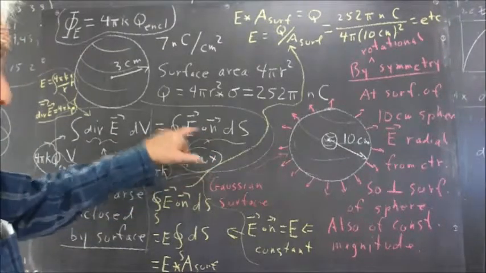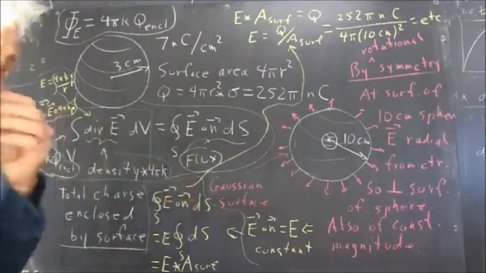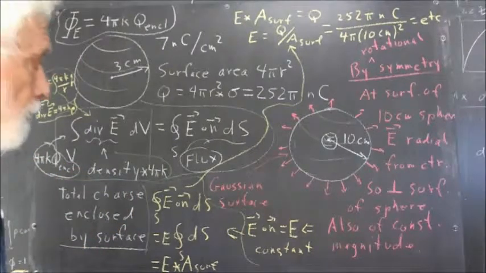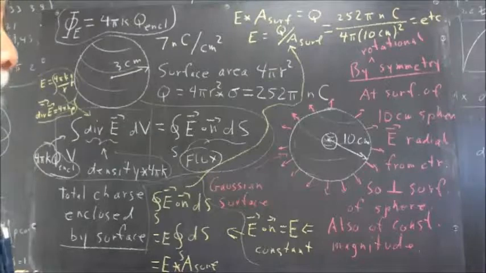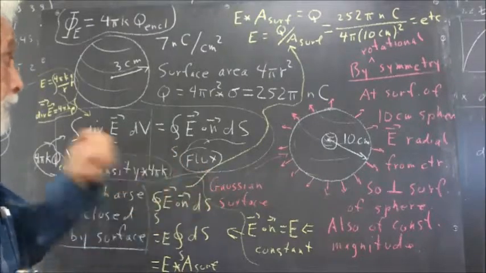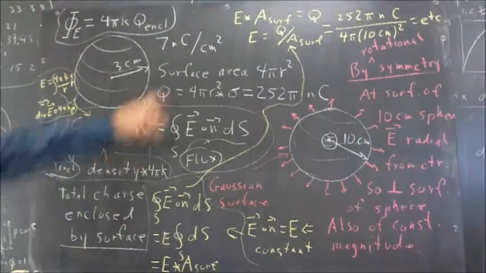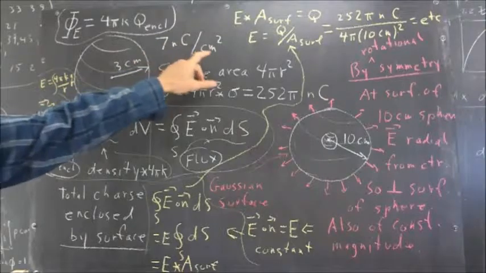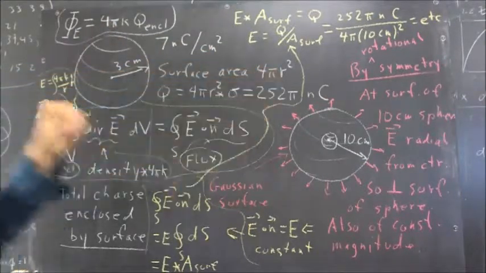Now, this integral here is what we call the flux, and you should be able to relate that easily to the idea of flux, because, of course, we talk about flux in this course. You talked about flux in your multivariable calculus course. Okay, so the question then is, we have a 3 centimeter sphere with a 7 nanocoulomb per square centimeter charge density over the surface.